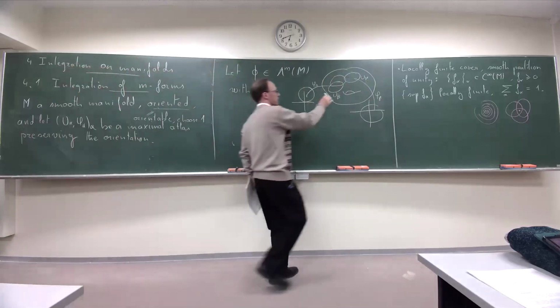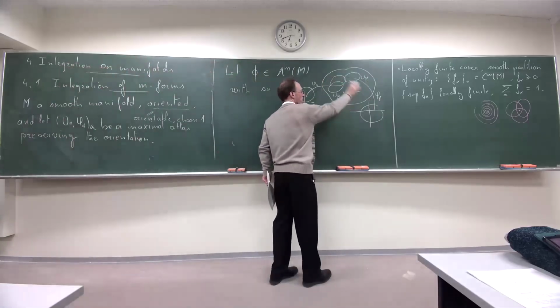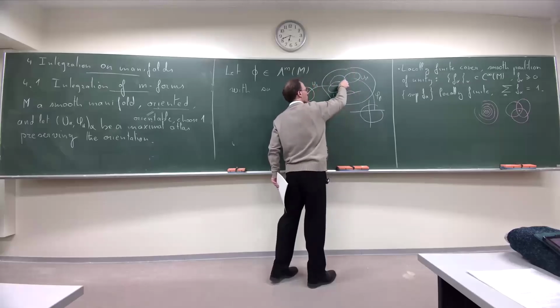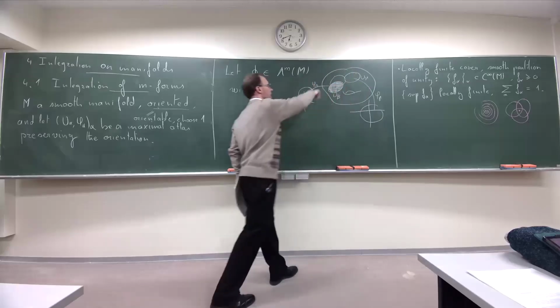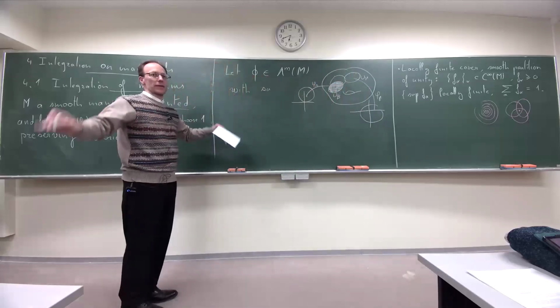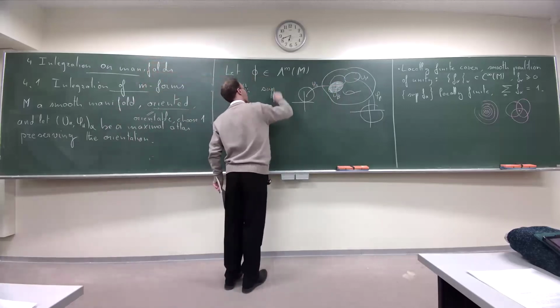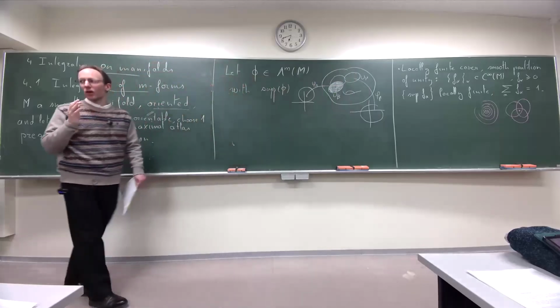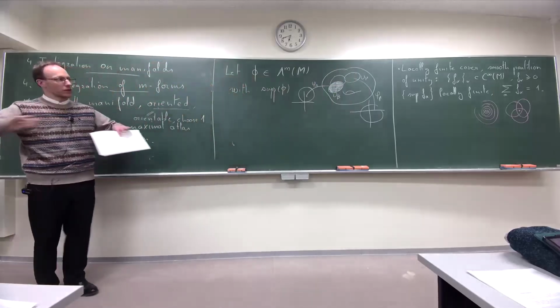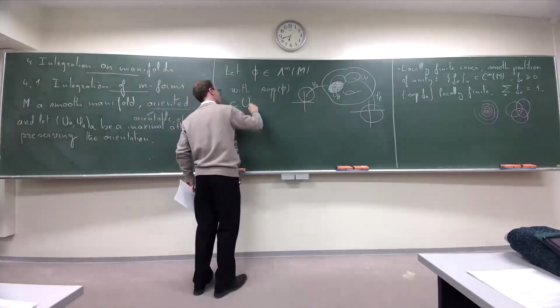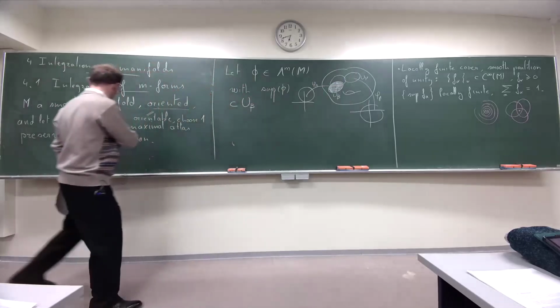I don't know now how to integrate if the form is defined everywhere. So I will assume, at least for the beginning, that omega is only defined on this set and is 0 everywhere else. So I assume that the support of omega, remember the support is where it is not 0, is inside a certain U beta.